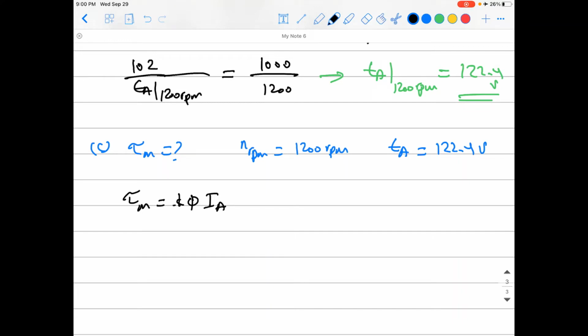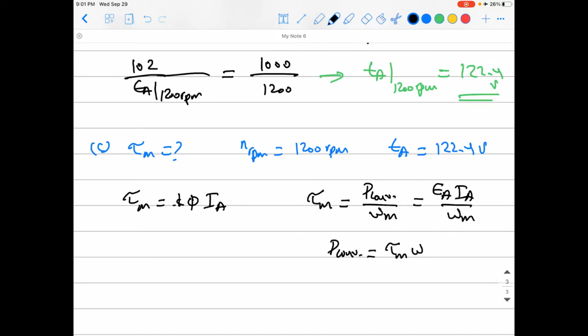But also, if you remember, the torque also equals the converted power over omega m, which is equal to EA IA over omega m. Remember, that is the very last thing we told you in the last lecture. The converted power can be calculated from the torque times omega m, or also from EA IA. Remember this equation?